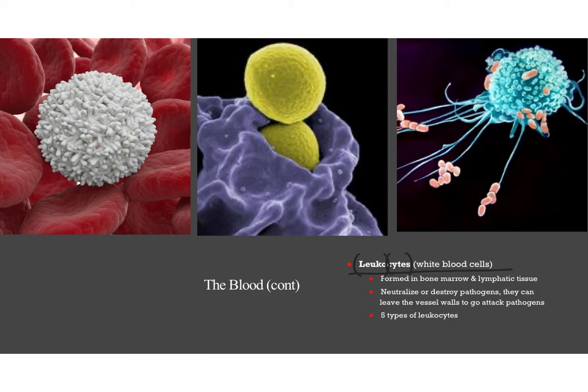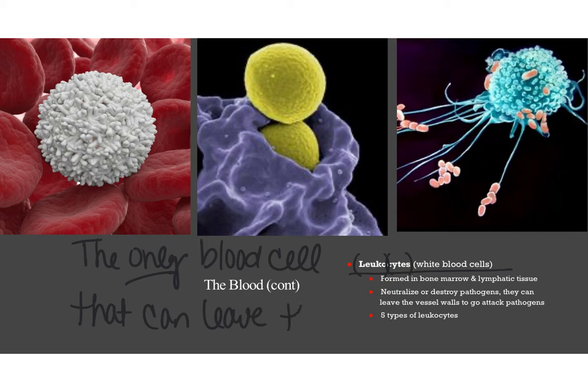There are 5 types of leukocytes. Now, this is an important statement. You will see it on tests and certifications. Leukocytes are the only blood cell or formed element that can leave the blood vessel.